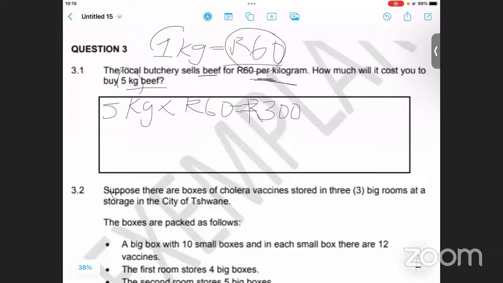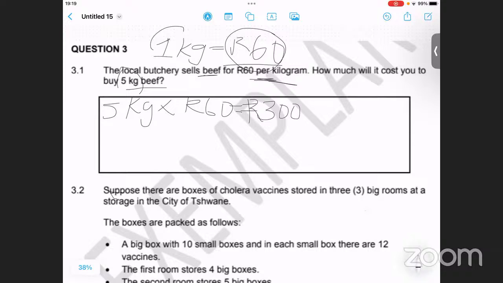Yes. Perfect. So now I just want you guys to prove to me that you really understood this. You're not just saying that you understand. Ne? So I asked Maham, but now I'm gonna ask you, Manahil. If we replace the 5 kg there with 10 kg, the question now will be, how much will it cost you to buy 10 kg of beef?